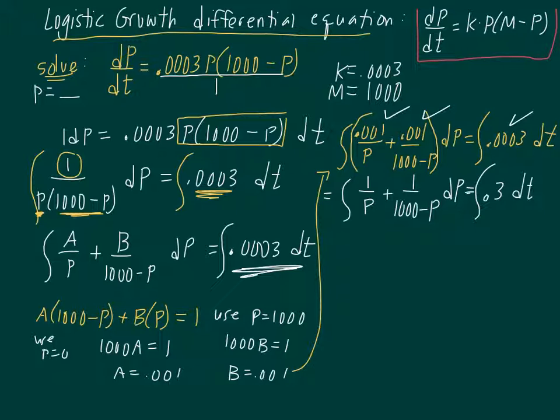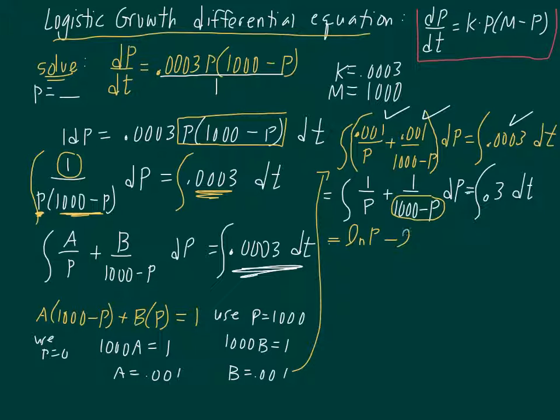So now we're going to finally integrate. So let's go ahead and do that. We're going to have the natural log of p for the first one. And now the next one here, we're going to have another natural log, but the function on the inside is linear. And we would have to multiply by 1 over its derivative. The derivative is -1, so we'd be chaining along a -1.